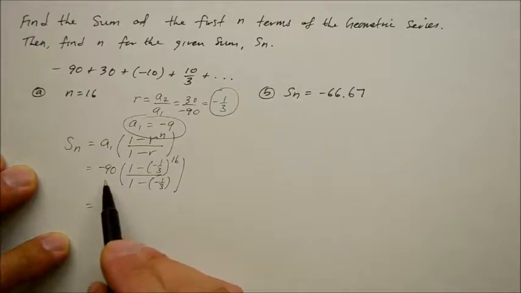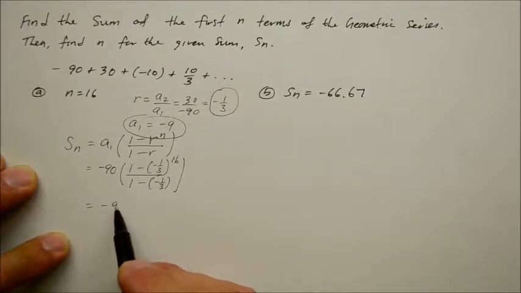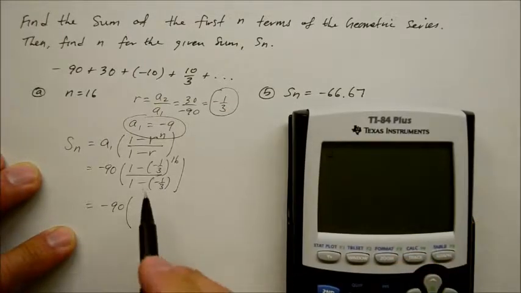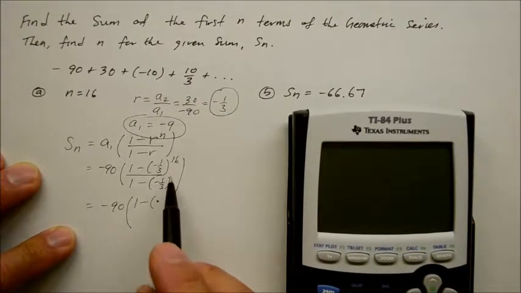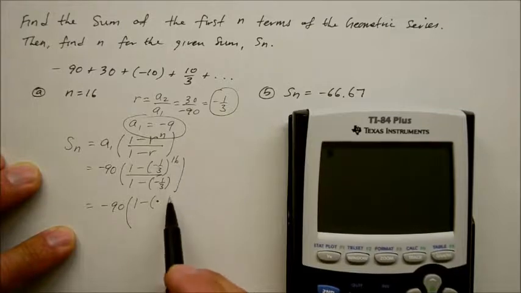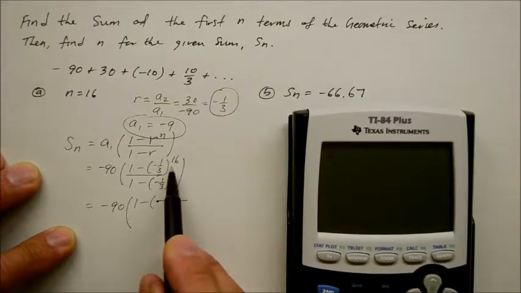When we continue to evaluate, the first number, negative 90, let's just leave it there for now. We could use our calculator to determine 1 minus the negative 1/3 to the 16th. Even though it's a negative, since the exponent 16 is an even number, we know it's going to be a positive number. So that's going to be 1 over 3 to the 16th power. What may that be?